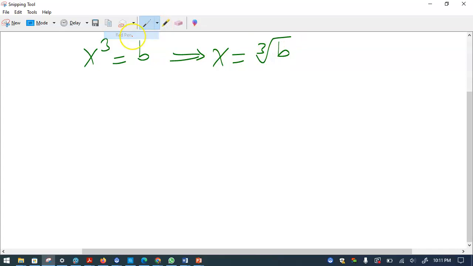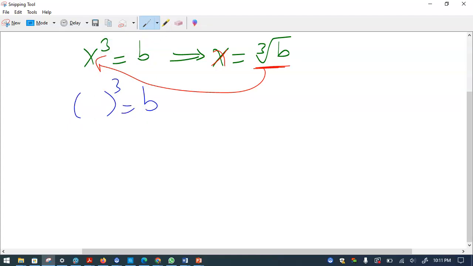Let me take another example. If I write x cubed equals b, the definition says x is the cube root of b. All this means is, when you plug in this part, the red color, in place of x, you replace it here: raised to 3 is b.